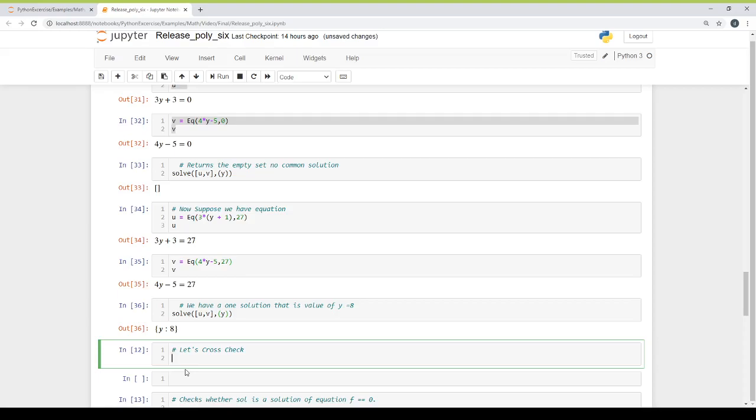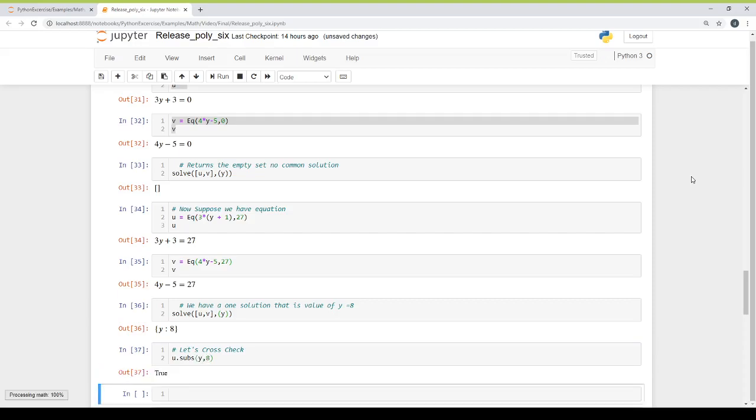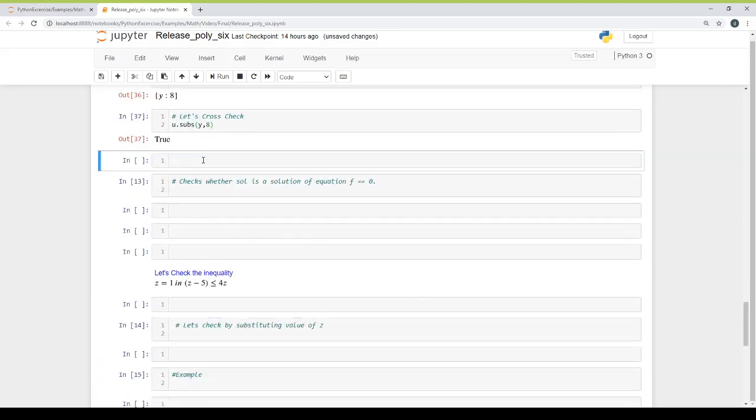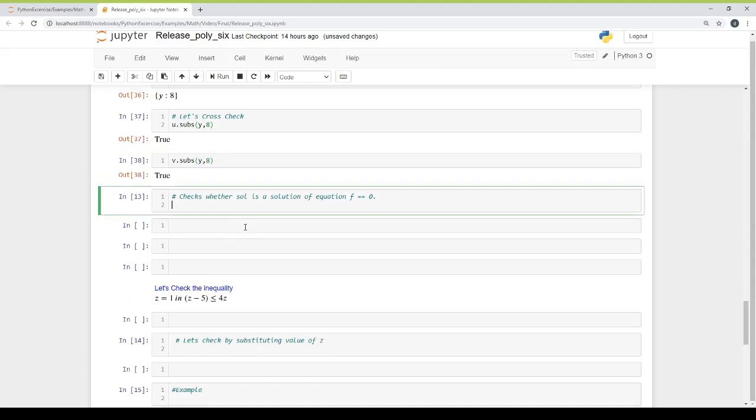For that we substitute the value of y in u as 8, and in v dot substitute value of y comma 8, shift enter. Sympy also provides us a method for doing the same thing, that means cross checking whether the solution is right or wrong. It provides a method called check solution.